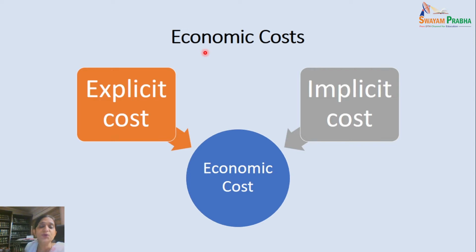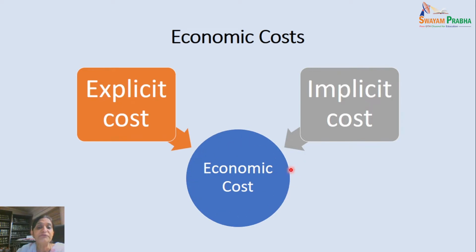Since we are talking about an economic analysis, our focus will be on the economic costs. Economic cost is basically made up of two costs. One is the explicit cost, the other is the implicit cost. Now what is explicit cost and implicit cost, and what is economic cost?